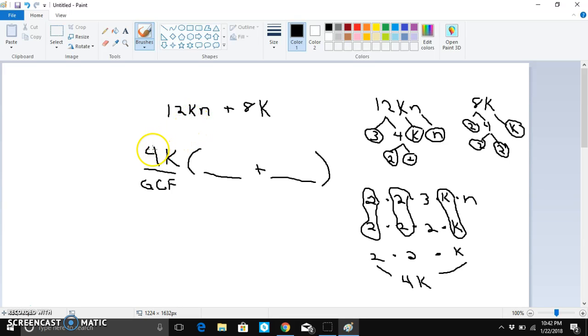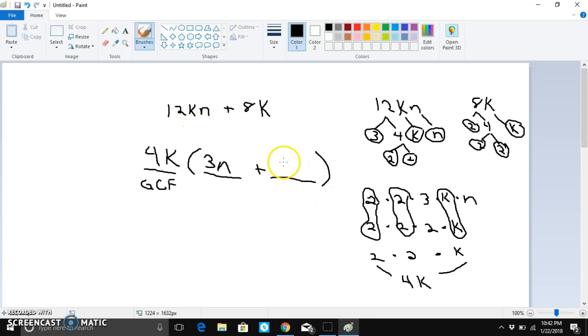So first of all, let's do the numbers. 4 times what is 12? That would be 3. Now 4k times 3 is just 12k, but I need 12kn. To get 12kn, I'm going to have to put an n here. 4 times 3 is 12, and then we have 12kn, which brings us to that first term.